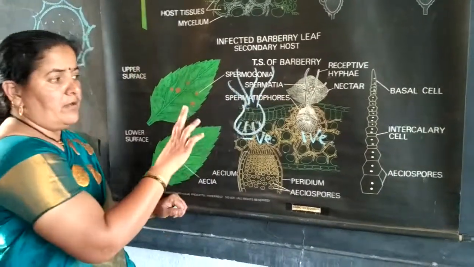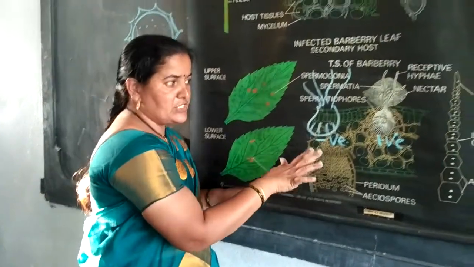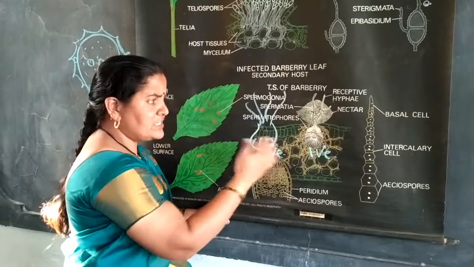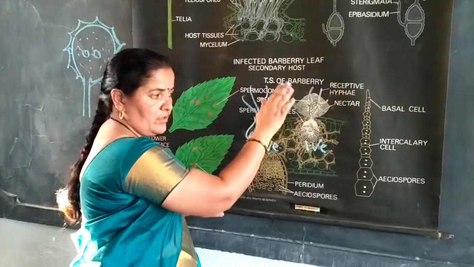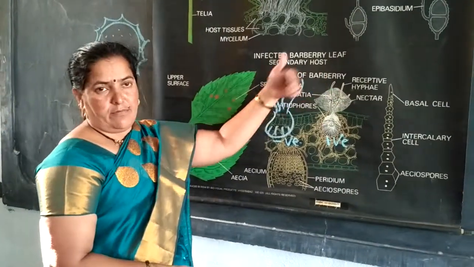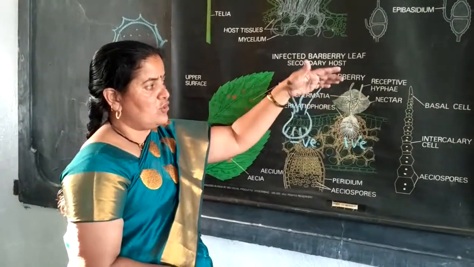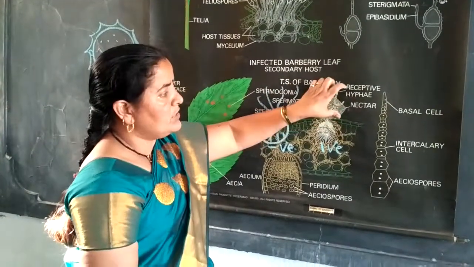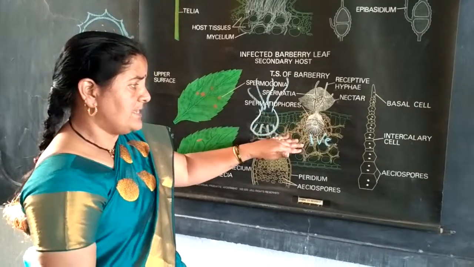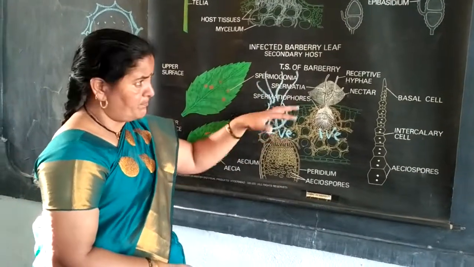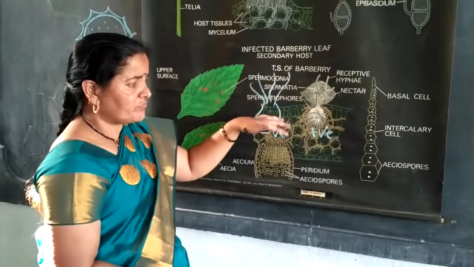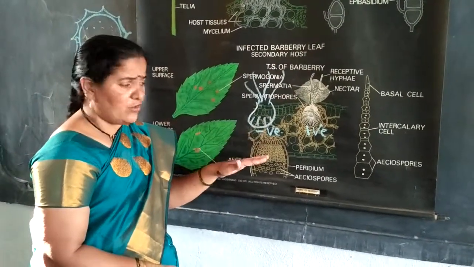So, with the help of attraction, the pycniospores and receptive hyphae of opposite strain come in contact with each other, and fertilization takes place, that is, fusion of pycniospore and receptive hyphae. After this fusion, the mycelium becomes dikaryotic.